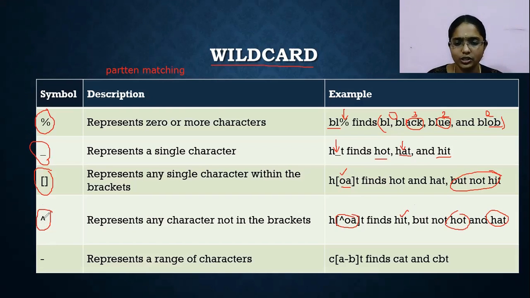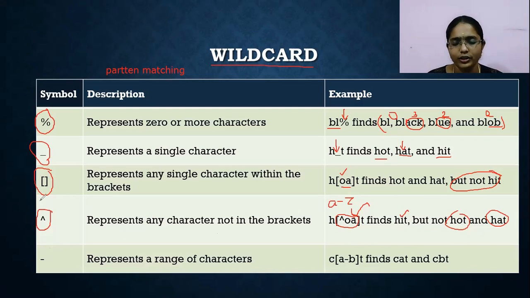So except these two characters, A and O, all the other characters from A to Z can be taken. This is the meaning of it. If this power symbol is not there, only those two characters will be taken. If you give NOT, in the sense except those two characters, all the characters can be taken.